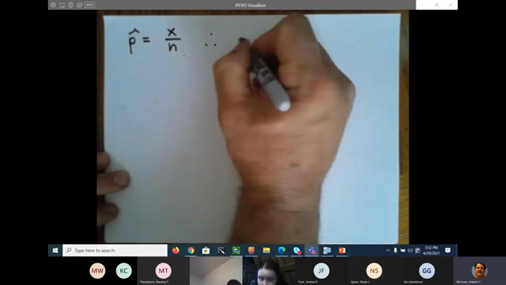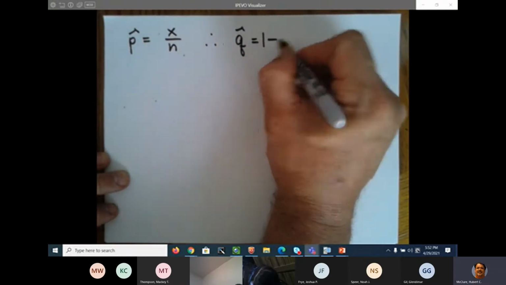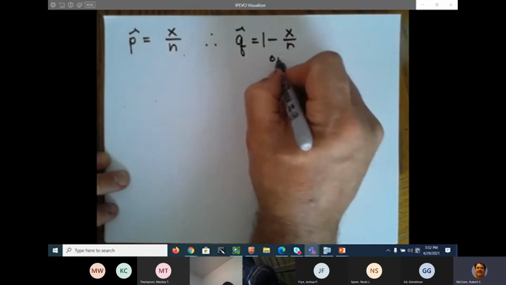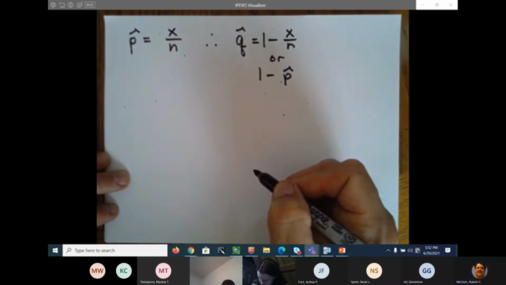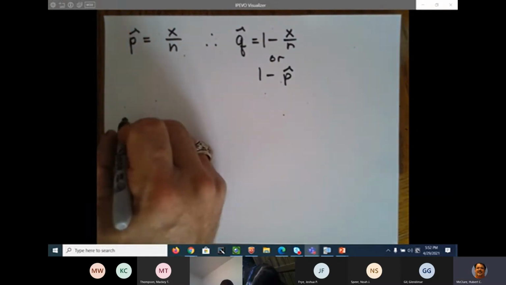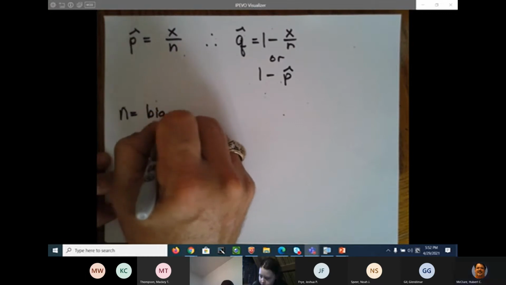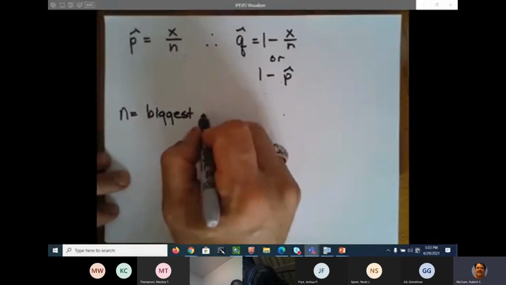Therefore, q hat is equal to 1 minus x over n, or 1 minus p hat. You need to have n is always the biggest number. And I have to write that down even though I've been saying it all semester.